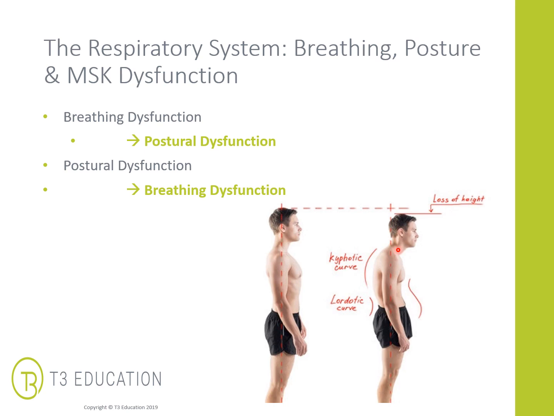Maybe it's harder to get a full breath. Maybe they start to use some of those accessory muscles of inhalation and exhalation, leading perhaps to tight neck, tight spine, reduced mobility, impacting musculoskeletally, and maybe being part of the issue in terms of the musculoskeletal problems that they come to you with.